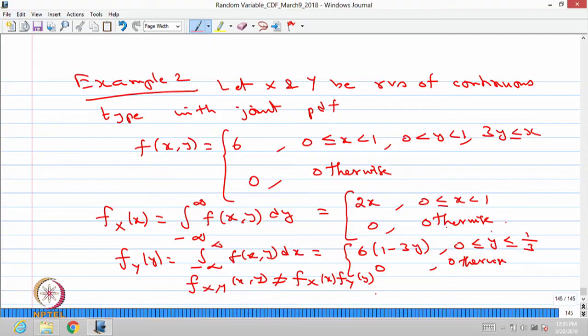For all x comma y, if this condition is satisfied, then you can conclude they are independent. But by seeing this, it is 2 times x, 6 times (1 minus 3y), whereas the joint probability density function is 6. Obviously you can say they are not equal, therefore x and y are not independent random variables.